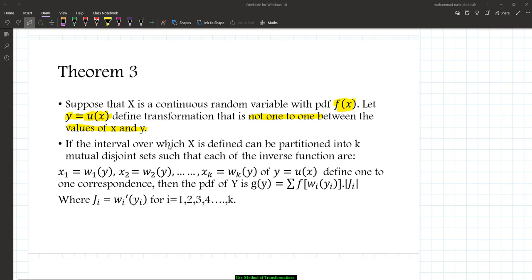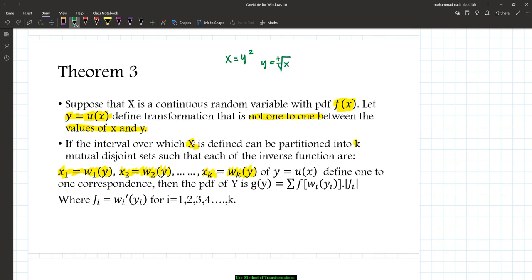So if the interval over which x is defined can be partitioned into k mutually disjoint intervals, for each of the inverse functions, x1 equal to w1(y), x2 equal to w2(y), until xk equal to wk(y). Let's say for example we have x equal to y squared, so y is equal to the square root of x.